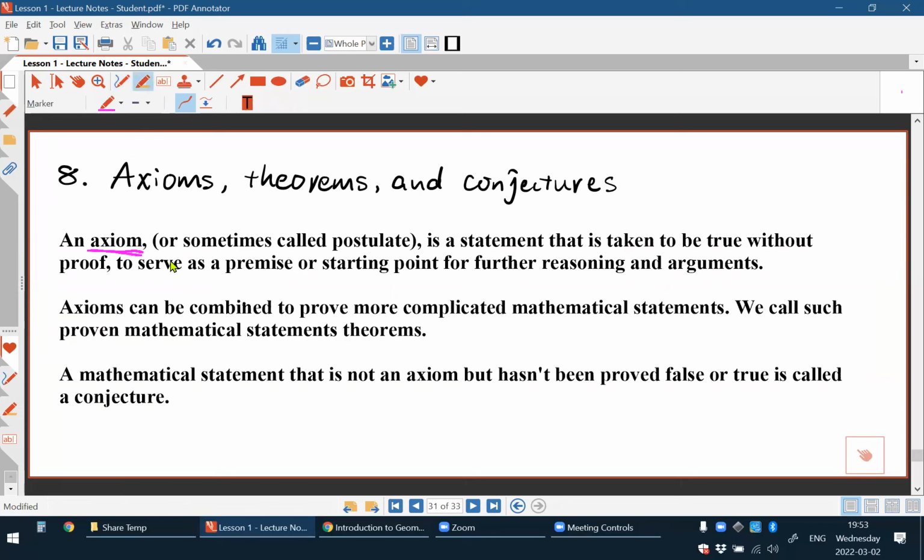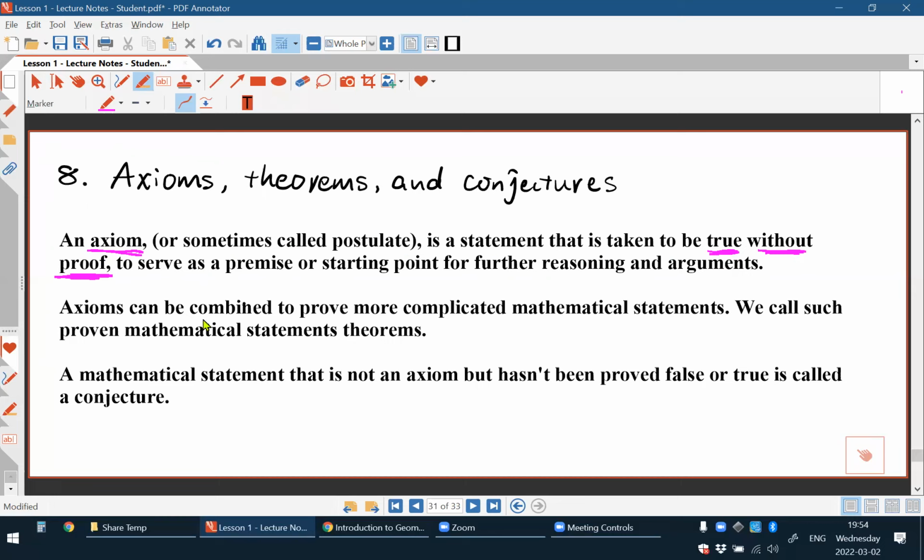An axiom, or sometimes called a postulate, is a statement that is taken to be true without proof, to serve as a premise or starting point for further reasoning and arguments. So that means you don't have to prove an axiom, right? An axiom can be treated as an accepted truth.